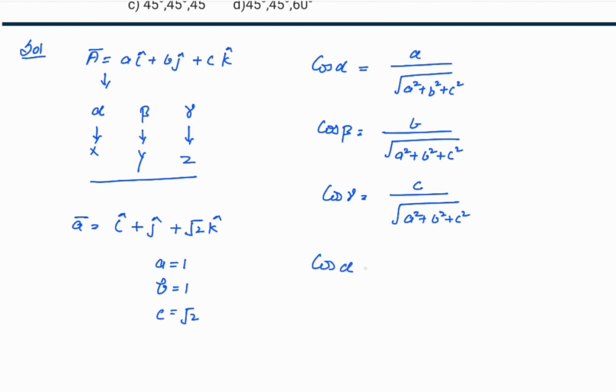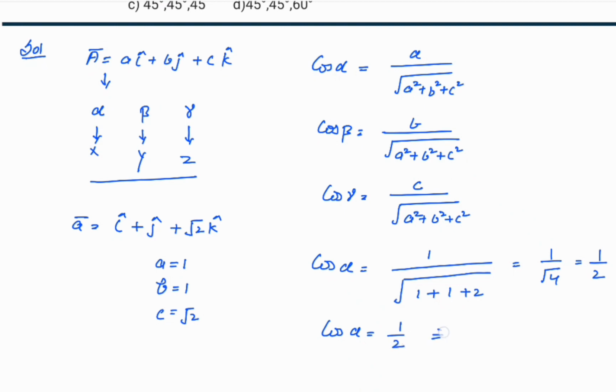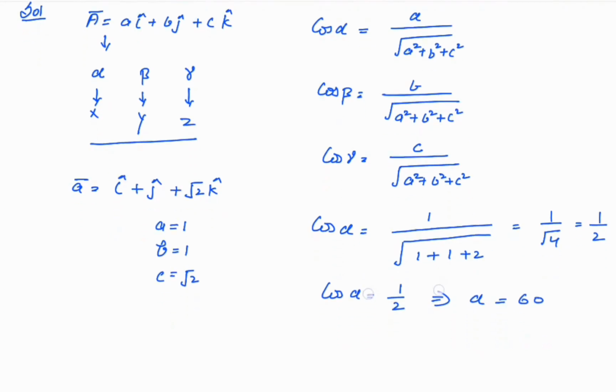If alpha is the angle from the x-axis, cos alpha will be A divided by under root of A square plus B square plus C square, which is 1 divided by under root of 1 plus 1 plus 2, that is 1 divided by under root of 4, which is 1 divided by 2. Cos alpha is equal to 1 upon 2. It means what is the value of alpha? Alpha is going to be 60 degrees.